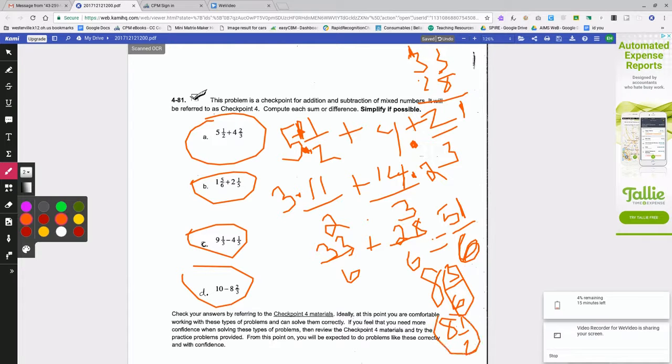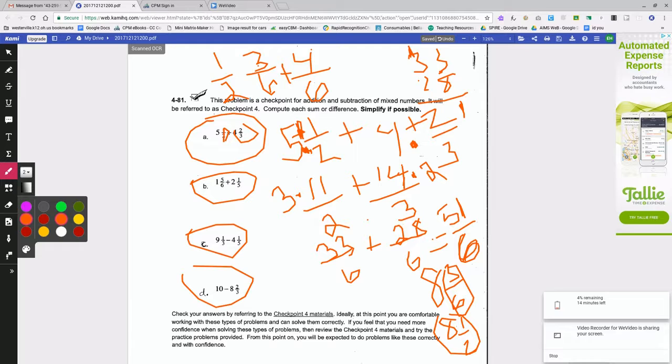Now that took a lot of work. Easily we could have just got our halves and our thirds. I could say, well, how many sixths are in a half and a third, with 6 being my common denominator. So 1/2 would equal 3/6. 2/3 would then become 4/6.